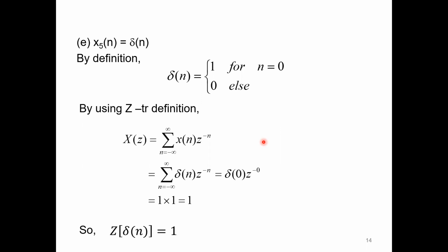Whenever there are samples at different positions, you take those samples. If it is a sparsely distributed set of samples, one at -100, another at -5, another at 10, another at 250, yet you take these samples and put z to the minus the time position.